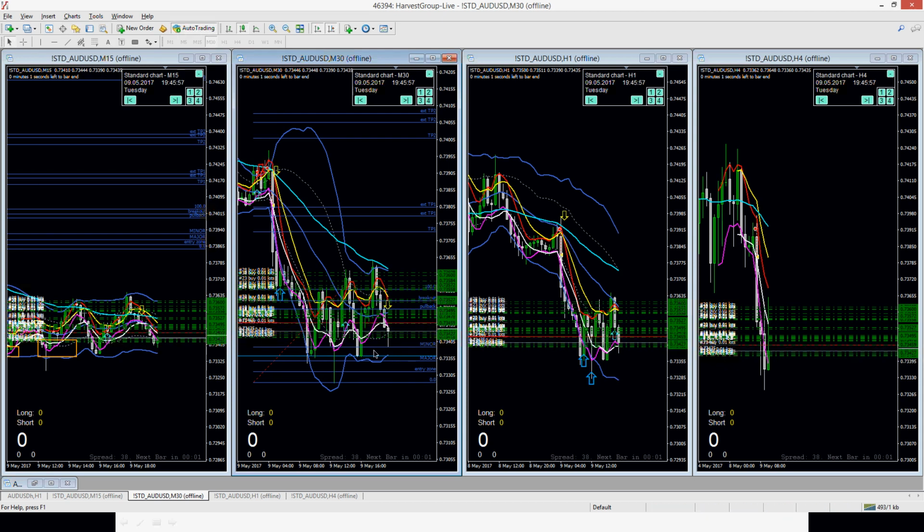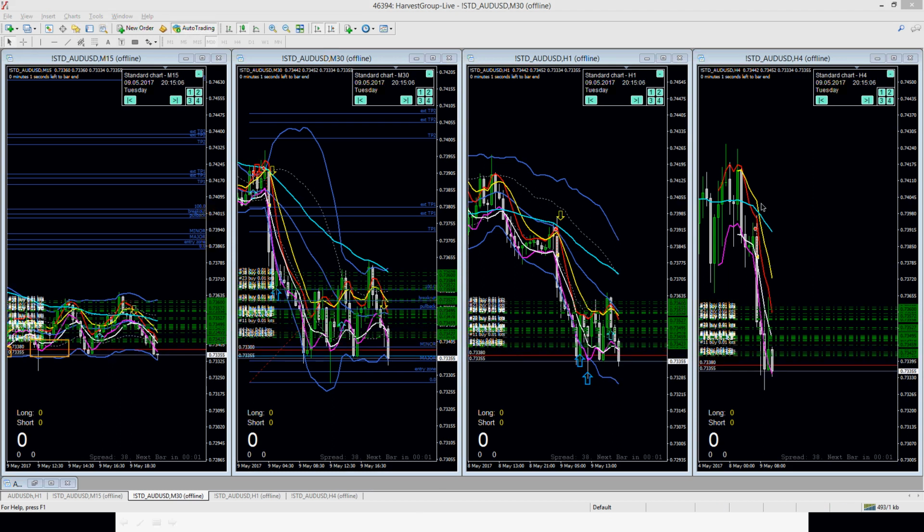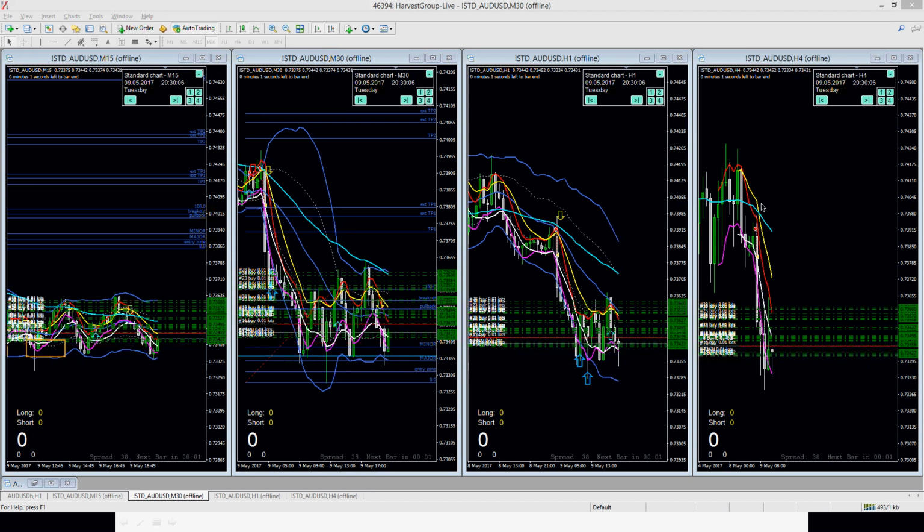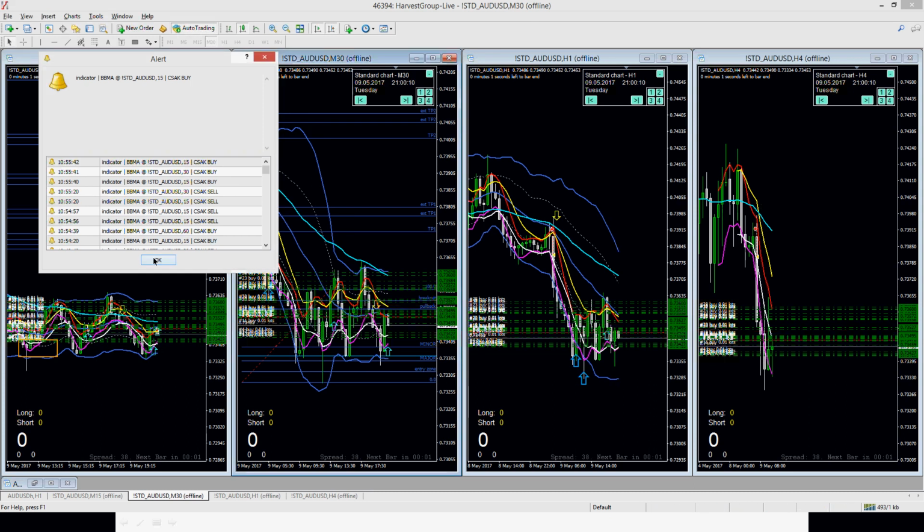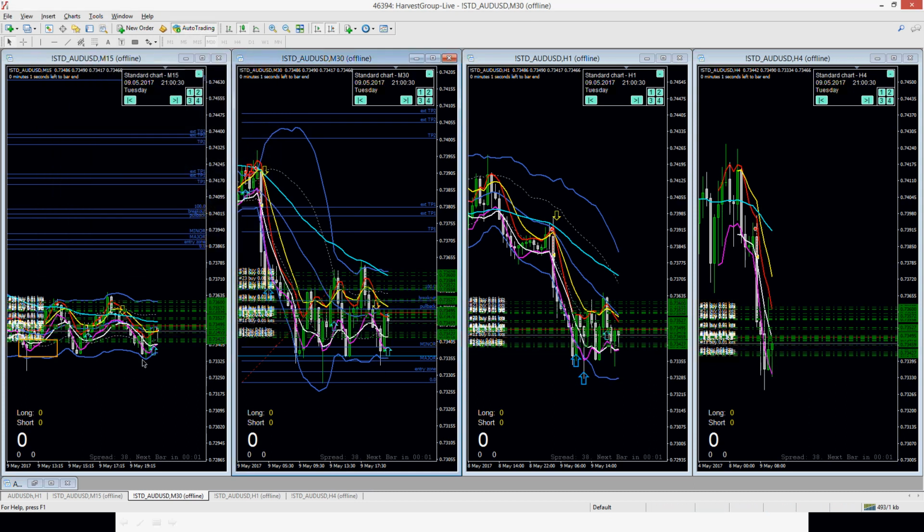Now the low BB is being tested again, as you can see. All the M15 is going sideways, as well as M30. That's another cycle.